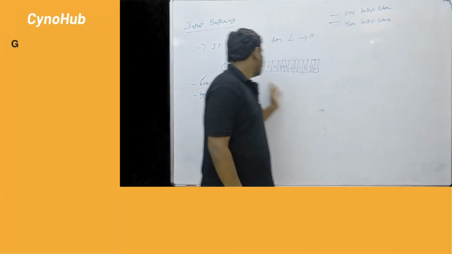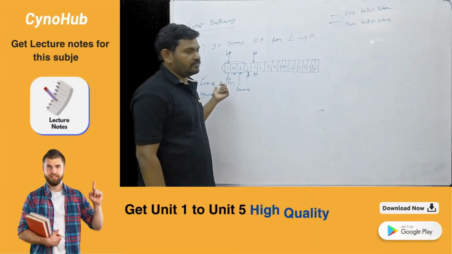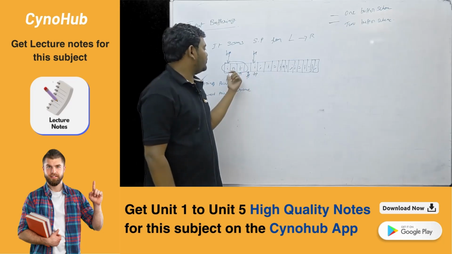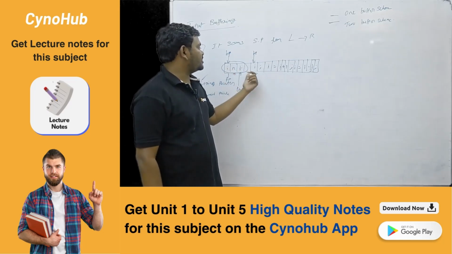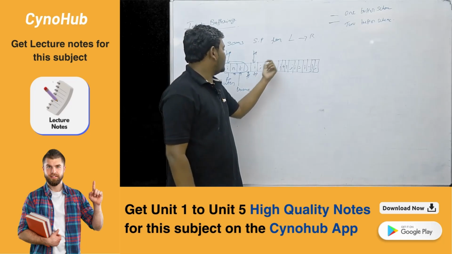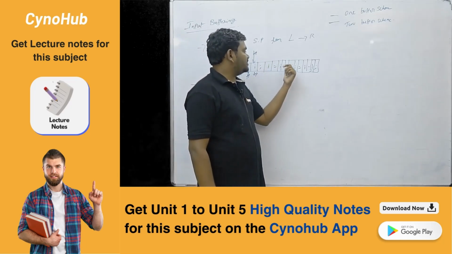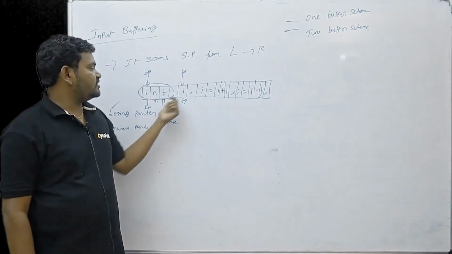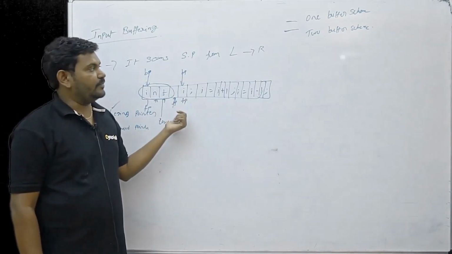It uses only one begin pointer and forward pointer while scanning the input character by character until it gets a blank space, or as per the syntax rules, a semicolon, colon, comma or the like. Then it identifies the lexeme and token.